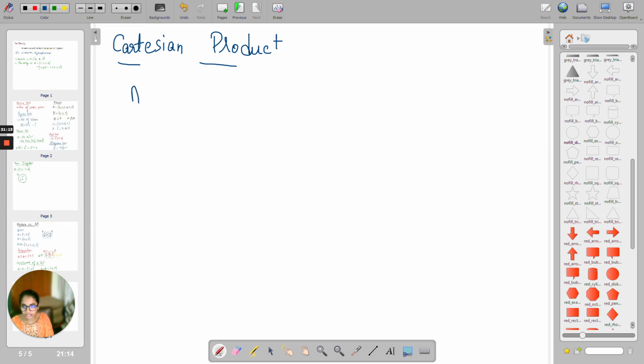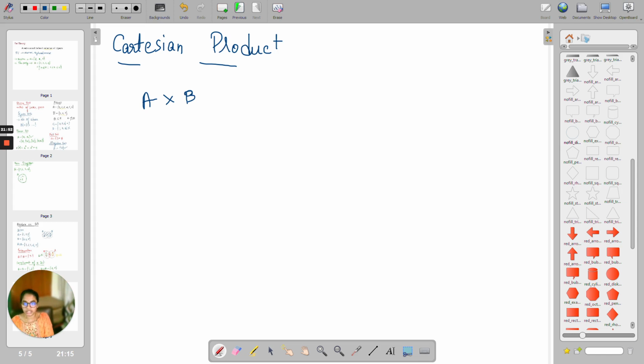So if A and B is a set, the Cartesian product of A and B is denoted by A cross B. Now, if we have two sets, say A and B, then Cartesian product of A and B is denoted by A cross B. Yes.